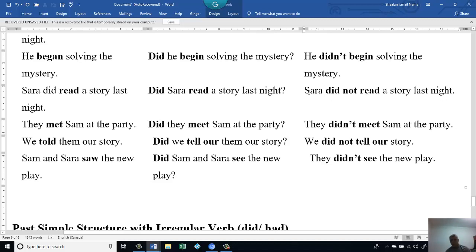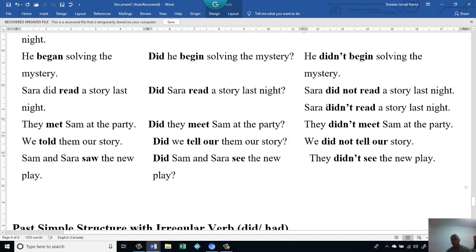The difference between these sentences: I have the same sentence with contraction. Let's say I have a sentence like this, then I only contract this here, and instead I make it a comma. The meaning is the same. It means Sarah did not read that story last night. But the emotion, maybe this person is putting more stress. Say, Sarah did not read a story last night.